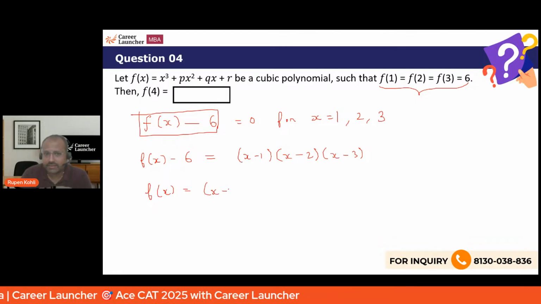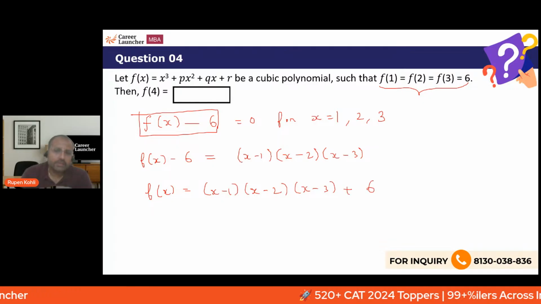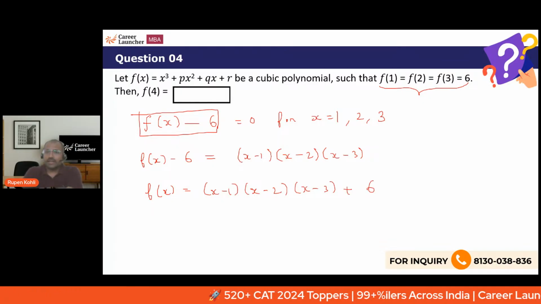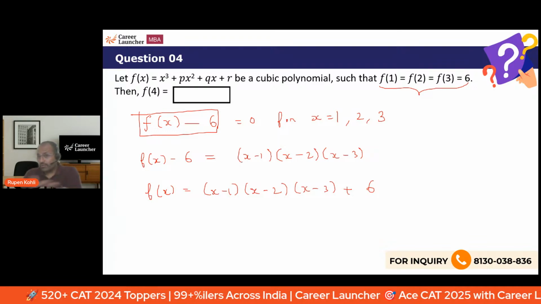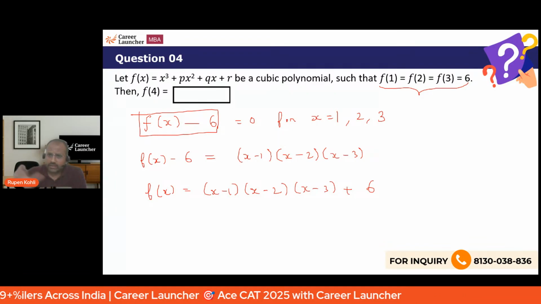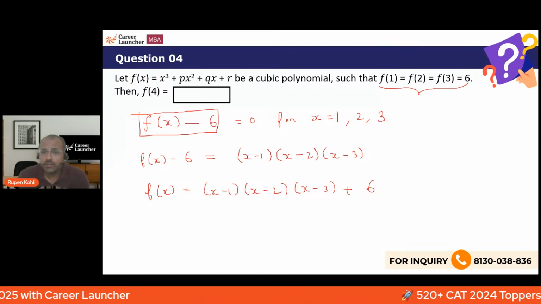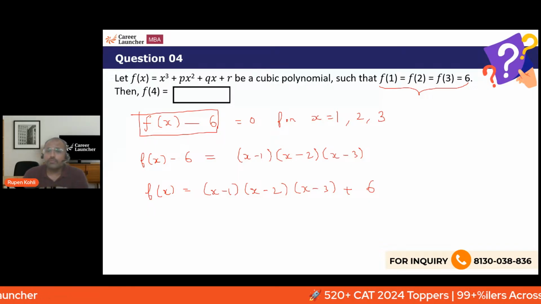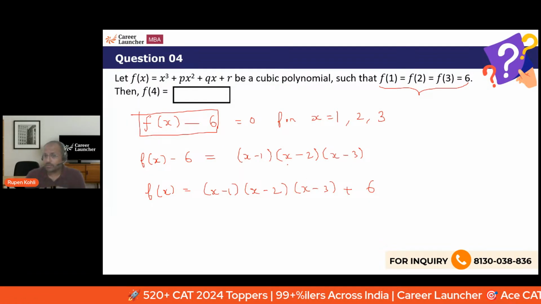That is what f(x) is, isn't it? So a very smart way to deduce the equation over here from the fact that the given function had an equal value for 3 values of x. So just take away that value, subtract 6, then what you should be left with is the product of the factors of f(x), right? (x minus 1), (x minus 2), (x minus 3).